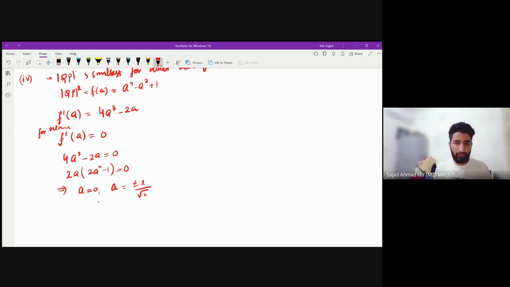Now, we don't know whether they are the points of maxima or minima. For that, we check the second derivative. The second derivative for a point a is 12a square minus 2. The value of the second derivative at point 0 is minus 2, which is negative. This implies that a equal to 0 is a local maxima.